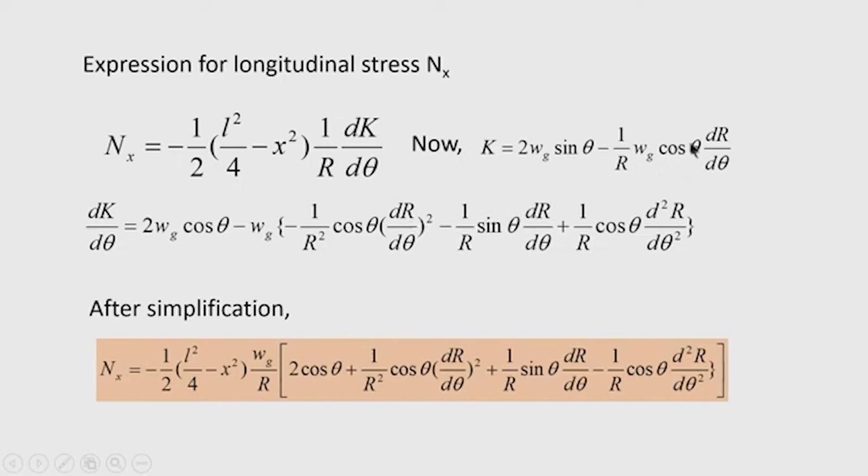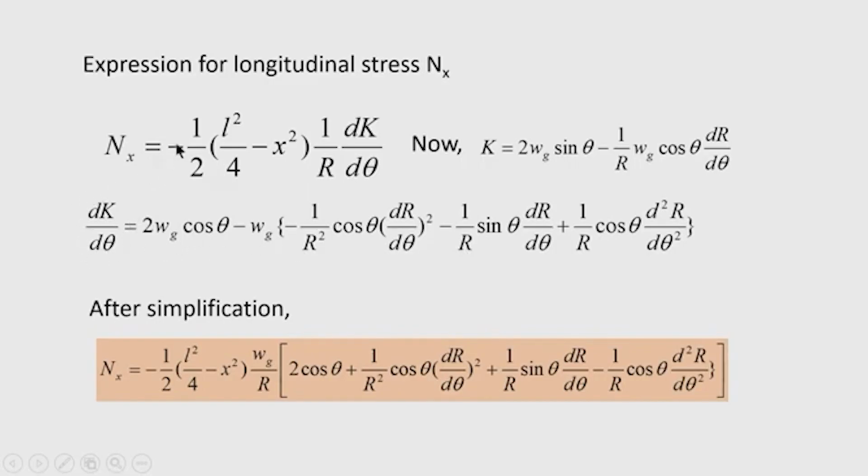Cos theta differentiated becomes sin theta, and then this d r d theta is there and 1 by r is there. After that, the differentiation is done on the term d r d theta, and it becomes the second derivative d square r d theta square, and other terms remain as they are, 1 by r cos theta. So we have got the term dk d theta.